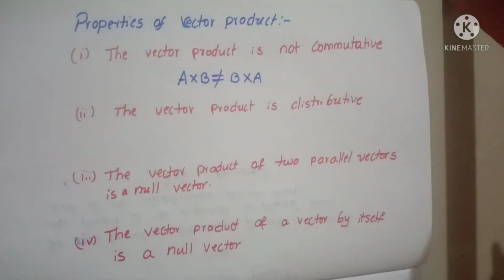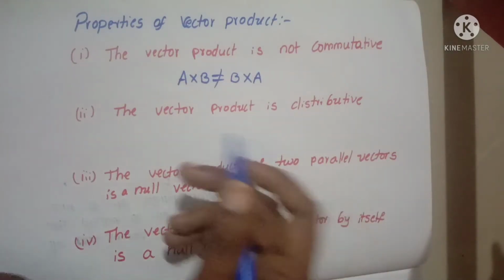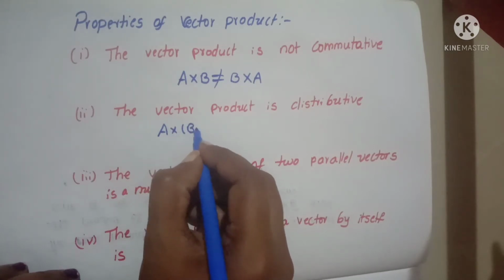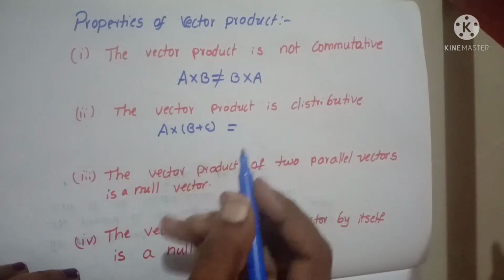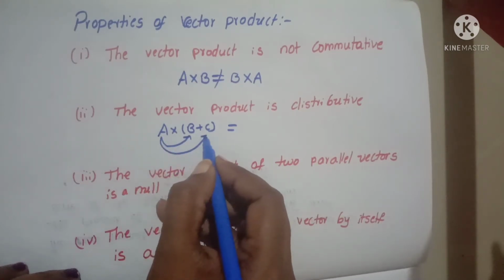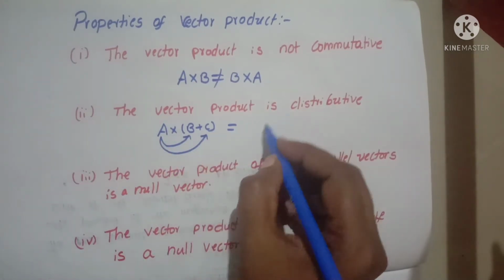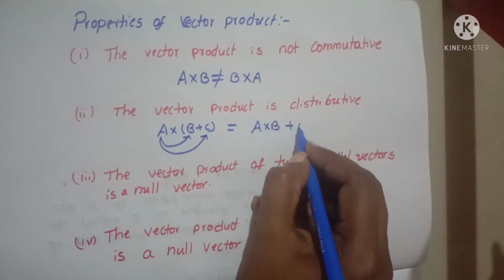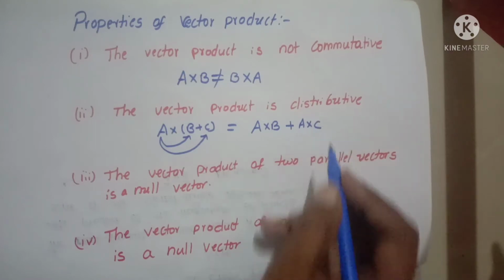Second one, the vector product is distributive. So we can write a cross (b plus c). Distributive means a is distributed to b and a is distributed to c, so we can write a cross b plus a cross c.